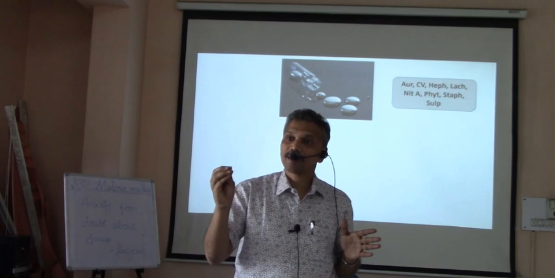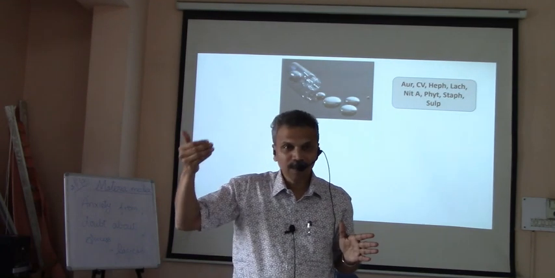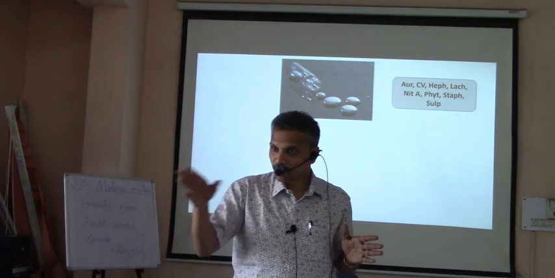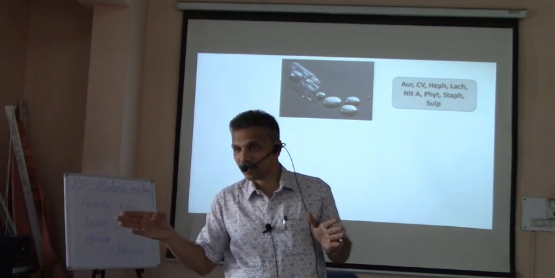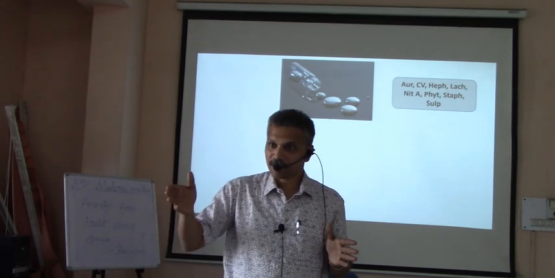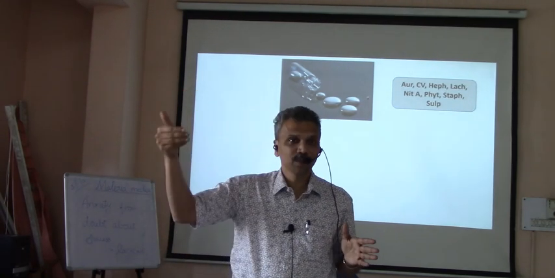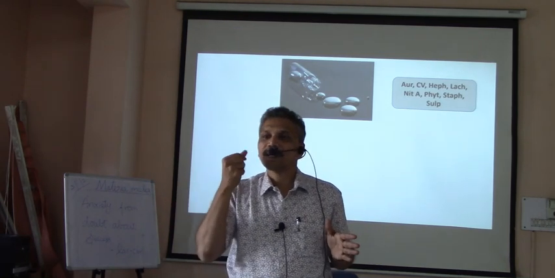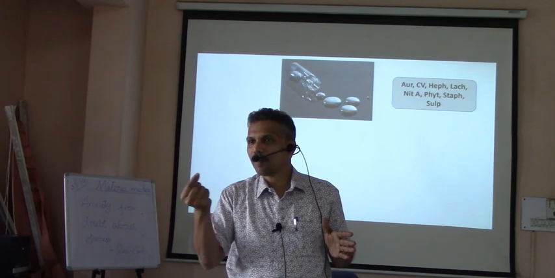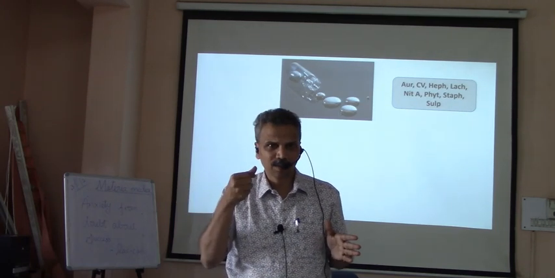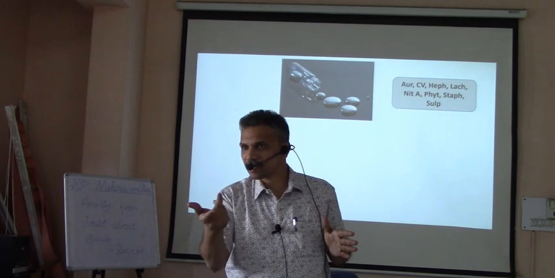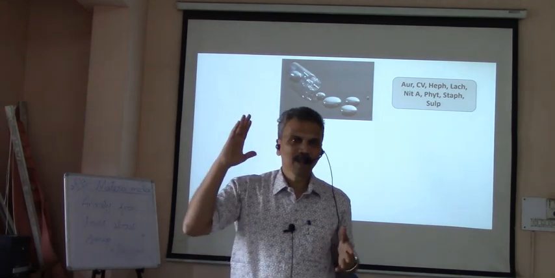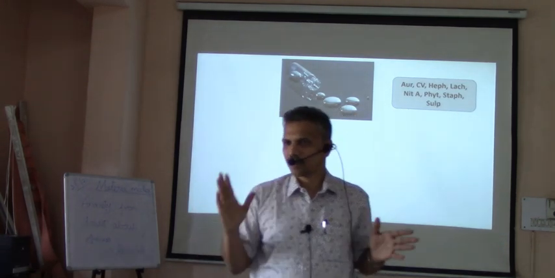Merc was abused, and then they slowly realized that Merc is very toxic. Now you don't see Merc used so much in allopathic medicines, though they used it before. Now it is used mainly for filling, amalgam, and in a small amount in vaccines. But way back during Hahnemann's time, it was abused.